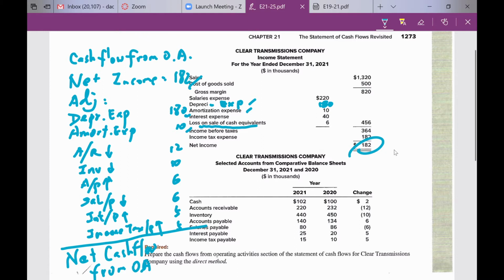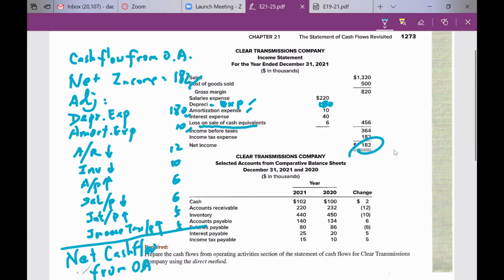The gain or loss we normally talk about deals with other types of assets, not cash equivalent, so this is not the regular loss or gain. So we don't have the second type of adjustment.